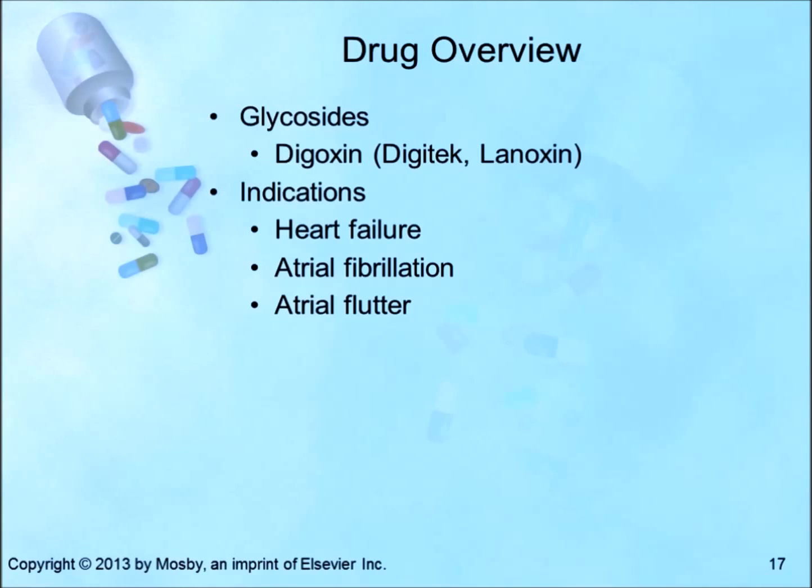It is used for systolic heart failure, not diastolic, because of the inotropic properties. It is also used as an antiarrhythmic to control ventricular response to atrial tachycardias or tachyarrhythmias because it's an AV nodal blocker. Digoxin is the only glycoside that is in common use and is the only one that we'll talk about.